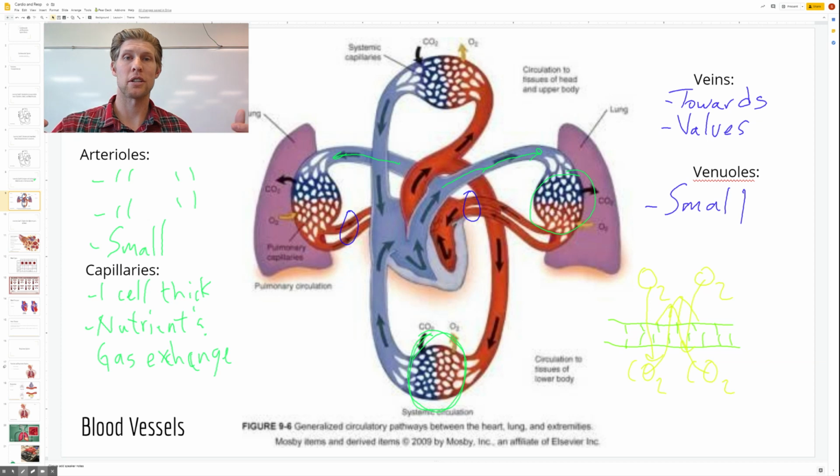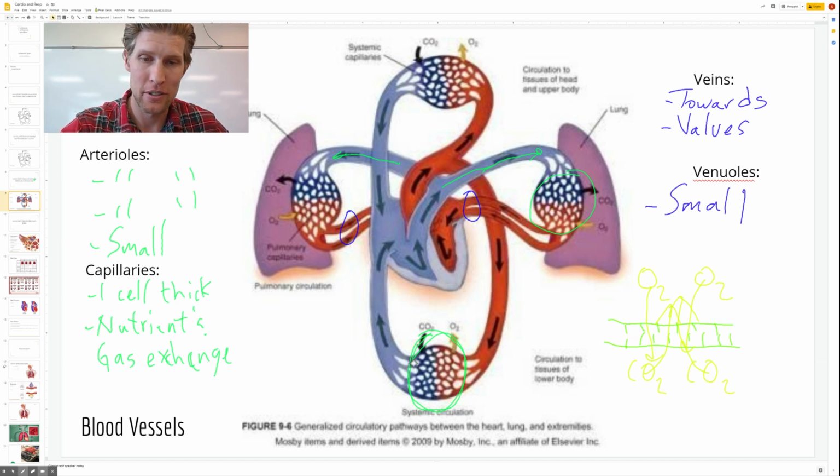So your heart is actually super strong, and it keeps the pressure up in your blood vessels, so that blood just keeps going, because veins really can't give you any pressure. They just hold the blood pretty much. There's no muscle to them, but they do have valves to prevent backflow. Crazy. So cool. So venules are going to have that too.